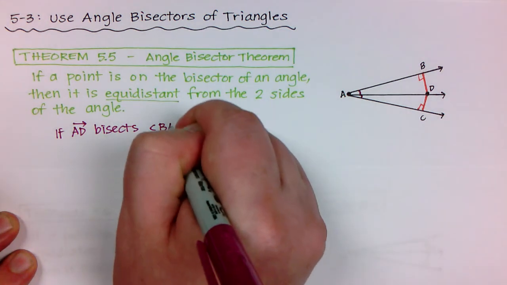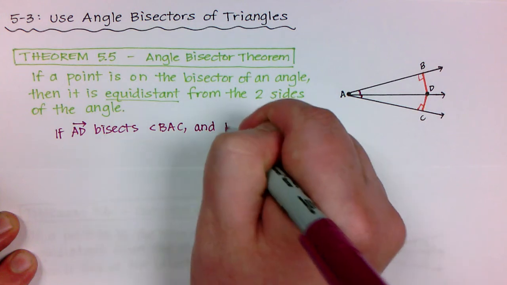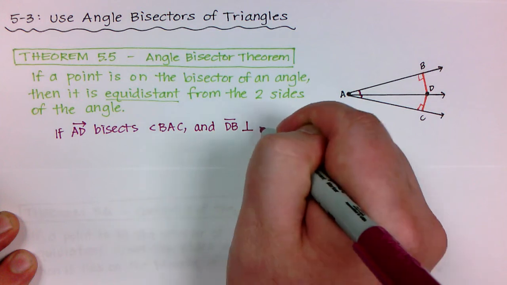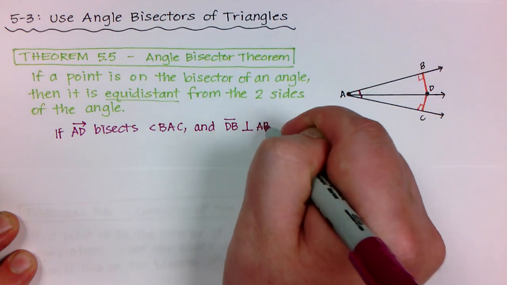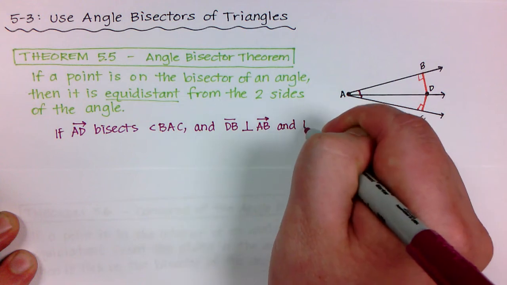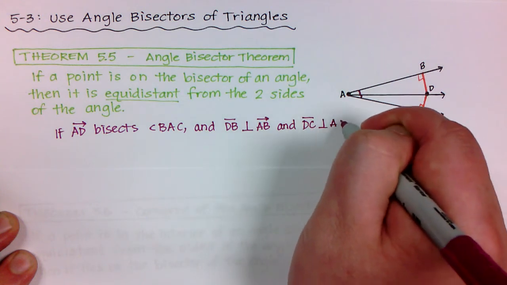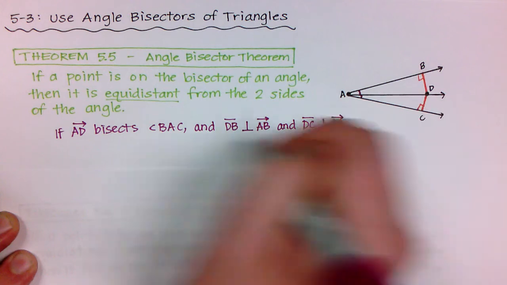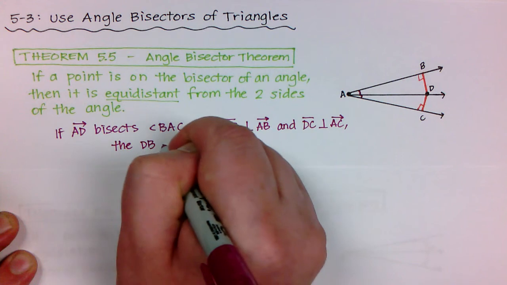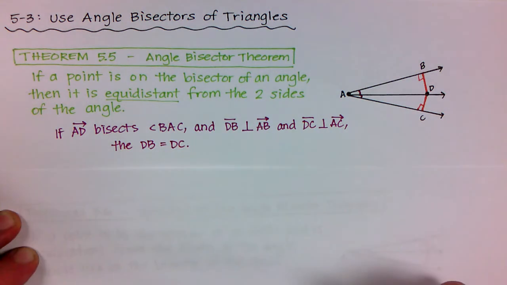angle BAC, and if DB is perpendicular to AB, and if DC is perpendicular to AC, then DB, that length, is equal to DC, that length.